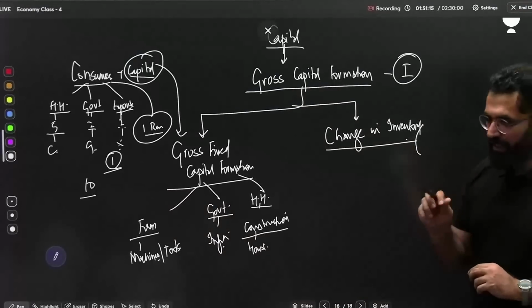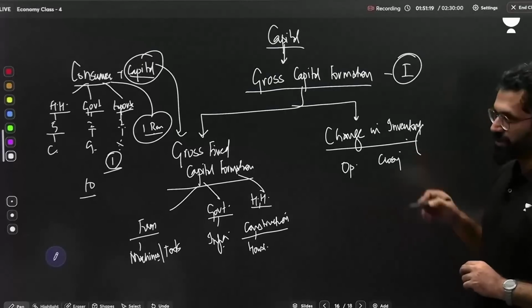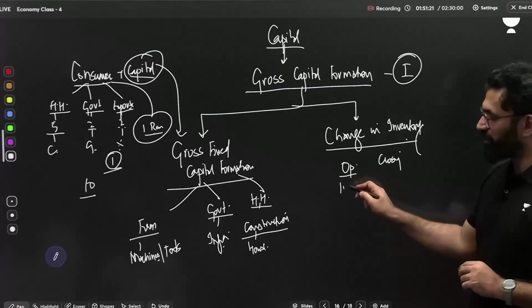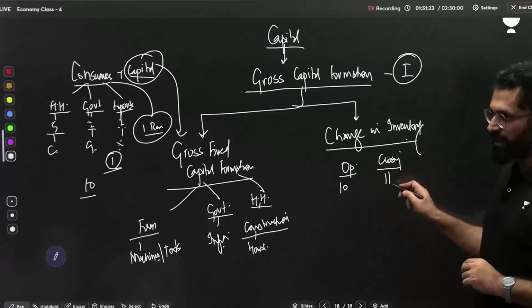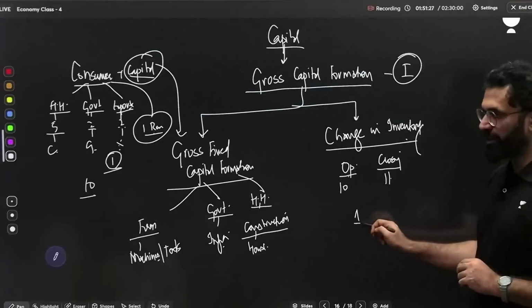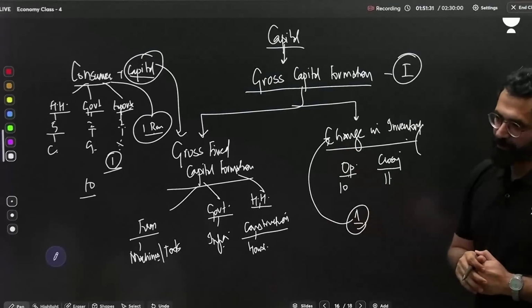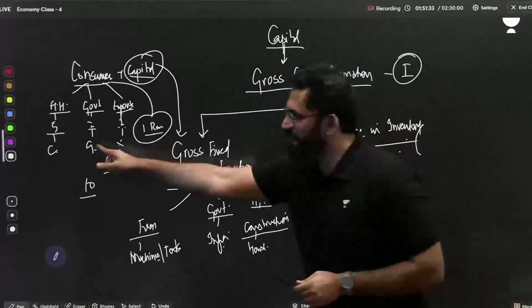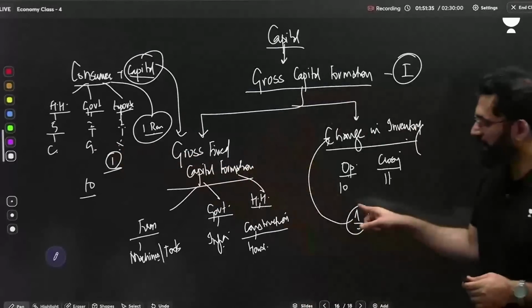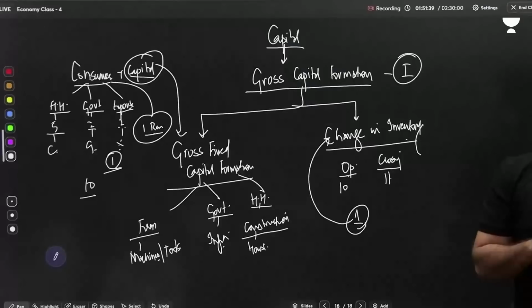I calculated what my opening inventory and what my closing inventory is. Opening inventory was 10 goods, closing inventory was 11 goods. That means closing minus opening, I have 1 good. I will include that in I. So 9 goods under C, G, X, and 1 good under I. Is this clear?